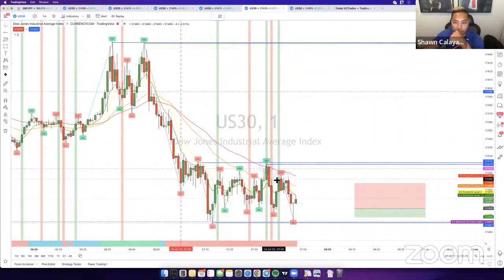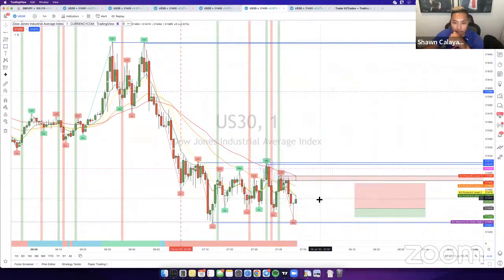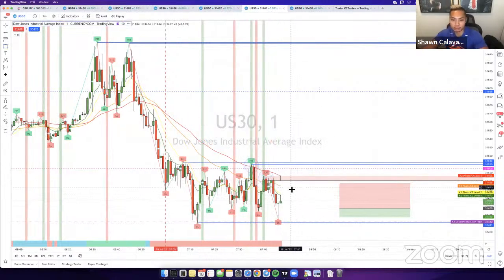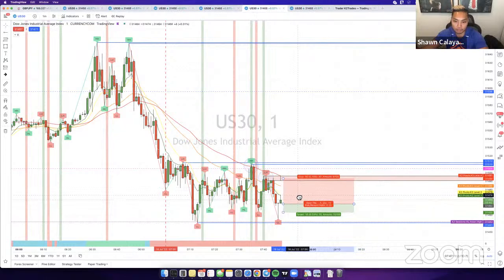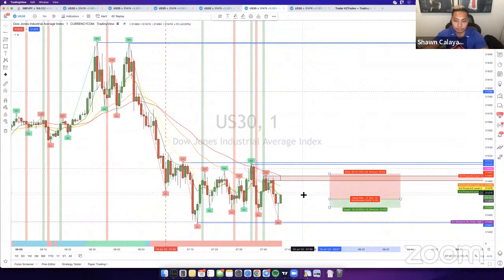So at this point, you're just making sure that there's no highs that come above this point here. If there's no highs that come above this point and we get a sell signal, it's probably going to push down at least enough to hit its TP at this point. But we don't have that yet.